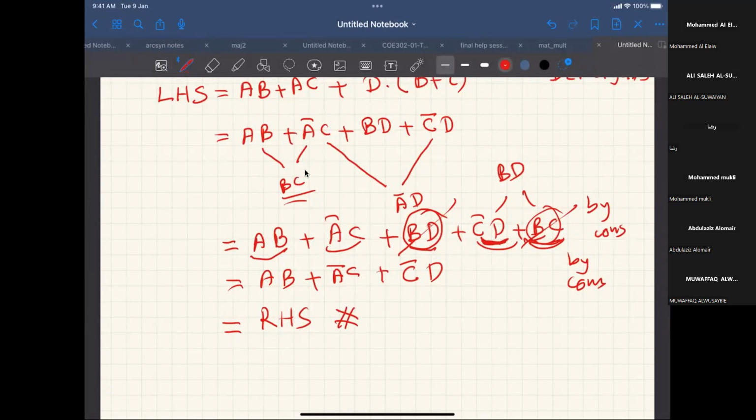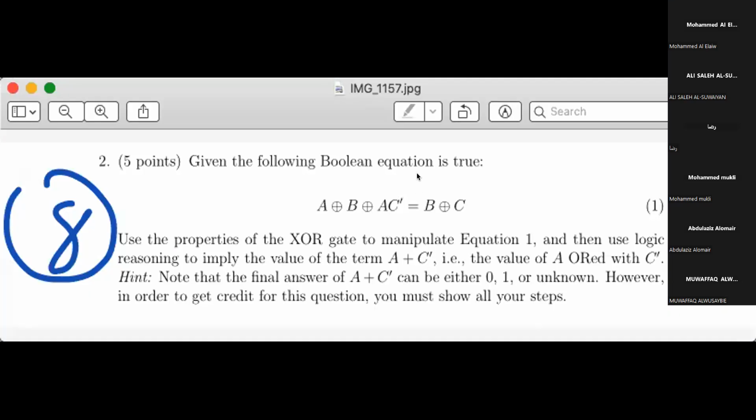All right. So this used to be a quiz question in my section. Given the following Boolean equation is true, I'm going to copy it to my iPad and then solve it together.